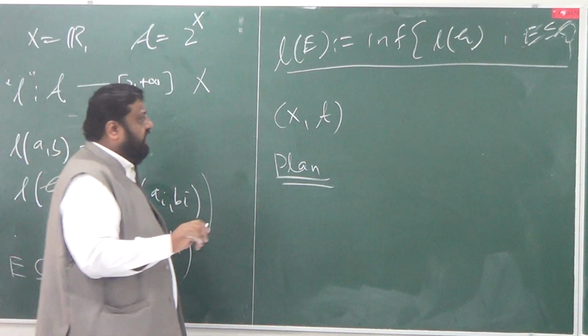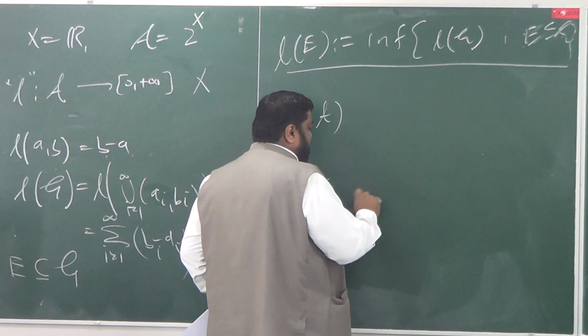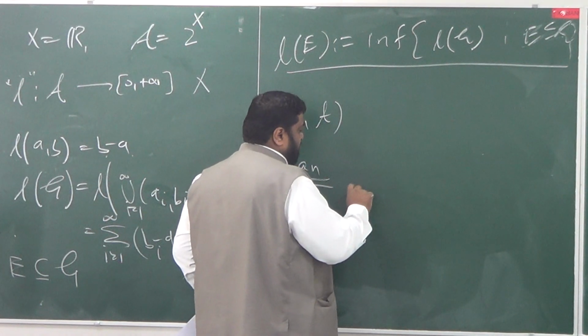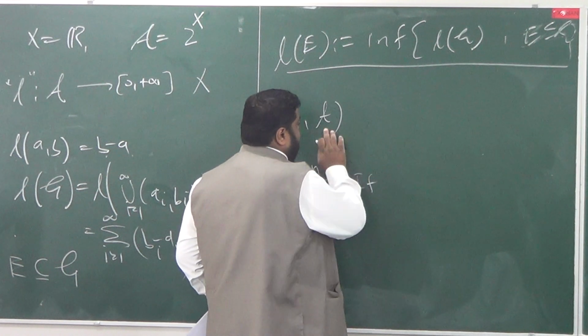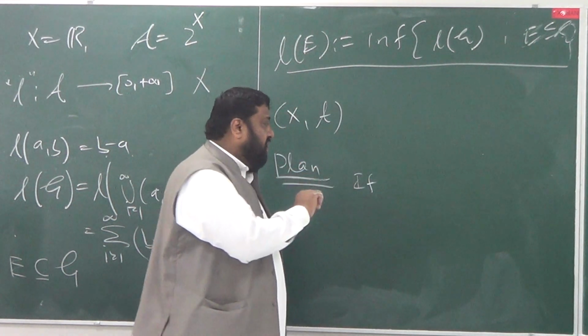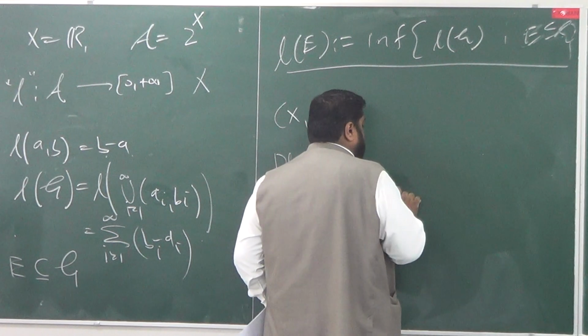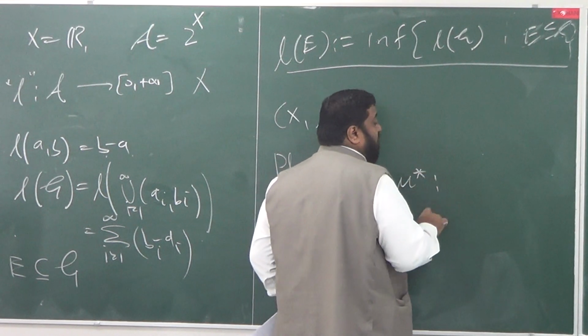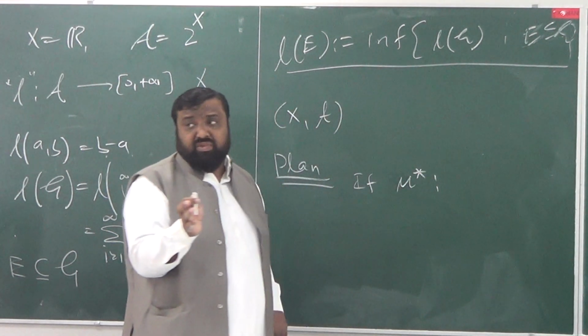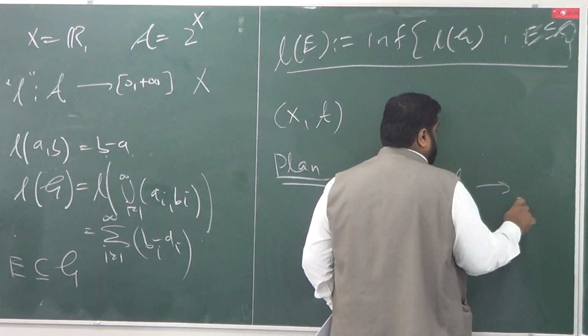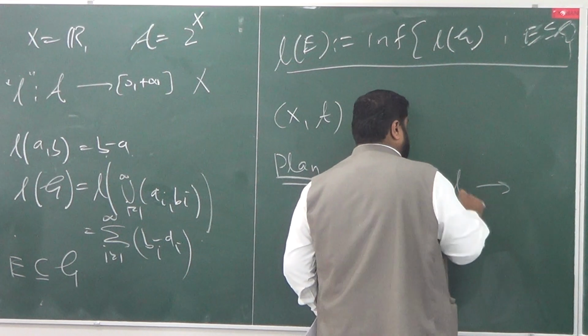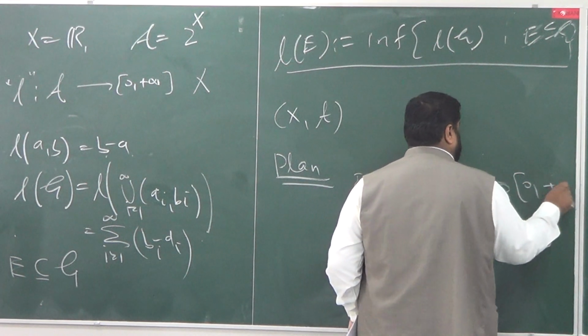He said, I can't define a measure on A, but let's define something called an outer measure on A into 0 to plus infinity.